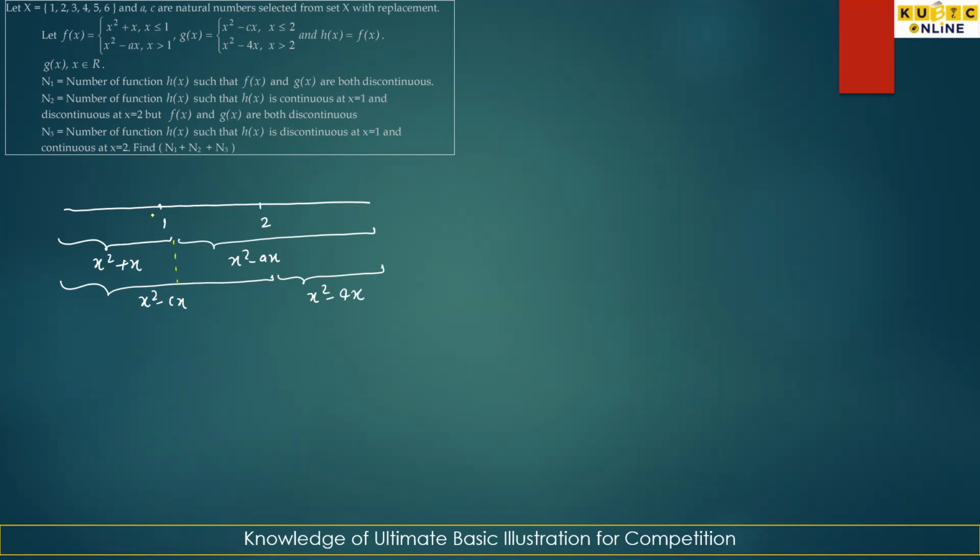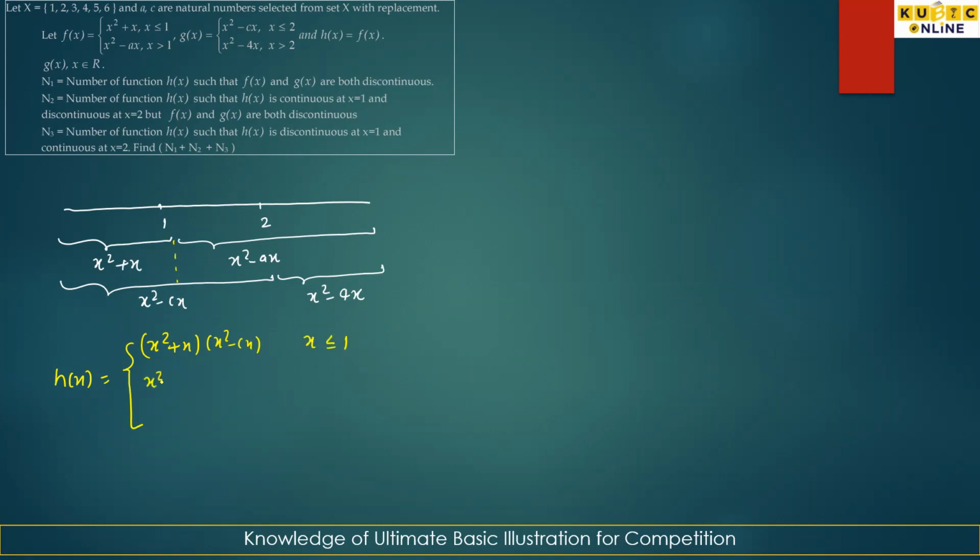Now, if you observe the interval minus infinity to 1, it is common to both the functions f(x) and g(x). So now we have to define h(x) equal to f(x) times g(x). So (x² + x)(x² − cx) is defined for x less than or equal to 1.